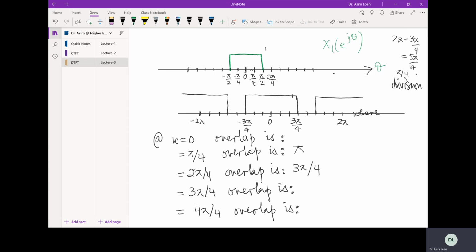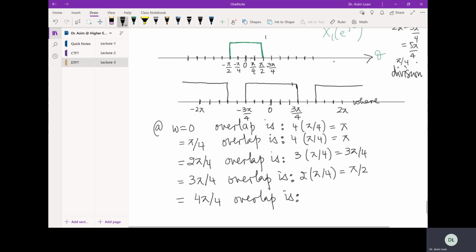Here there are 4 divisions of pi by 4, which is pi. Here I had 3 divisions of pi by 4, which is 3 pi by 4. And here I had 2 divisions of pi by 4, which is pi by 2.